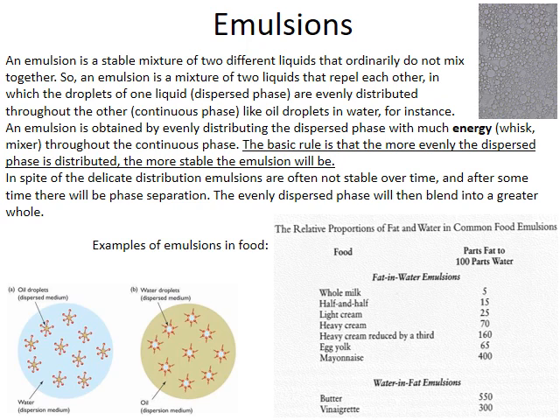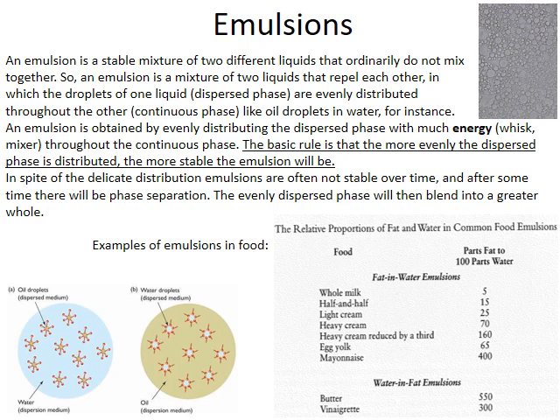And the material that is the droplet is called the dispersed medium. And the medium in which the droplets are dispersed is called the continuous medium.